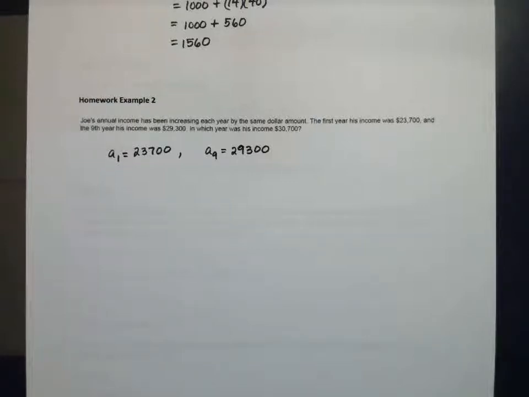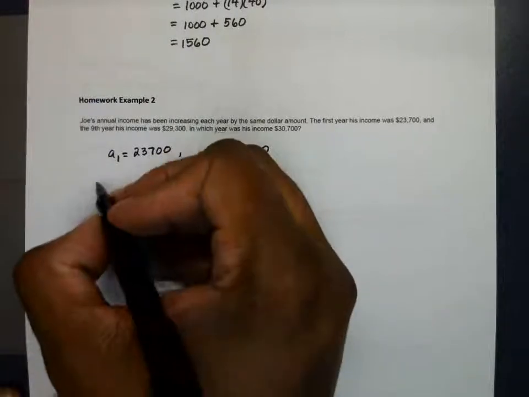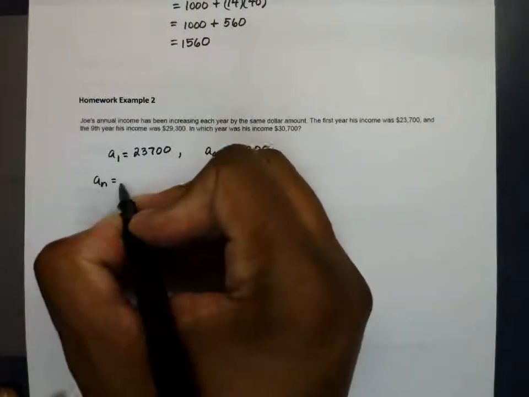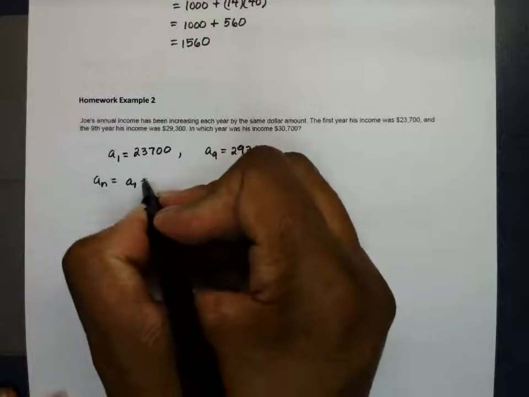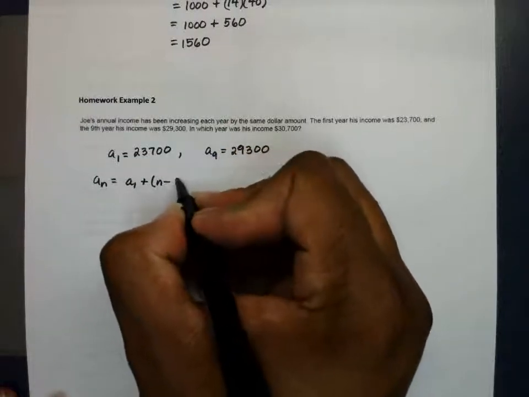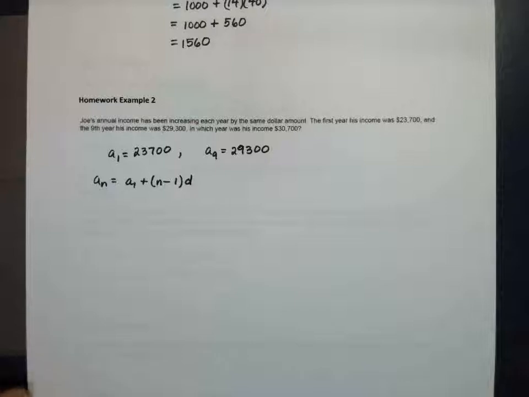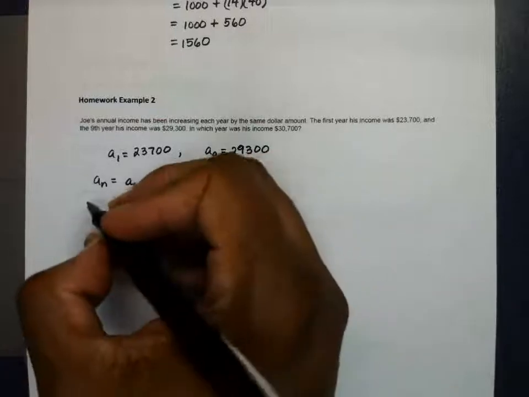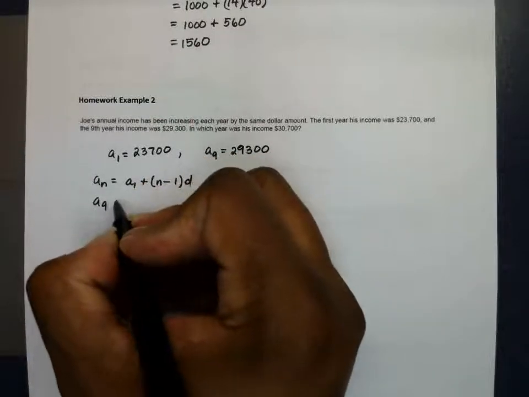So we need to find out what that common difference is going to be. Okay, we can use that formula, A sub n equal to A sub 1 plus n minus 1 times d. So this time we're looking for the common difference. All right, we know what A sub 9 is.